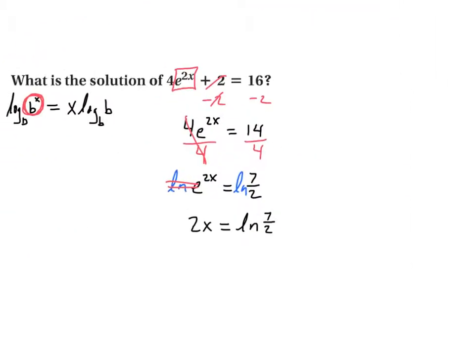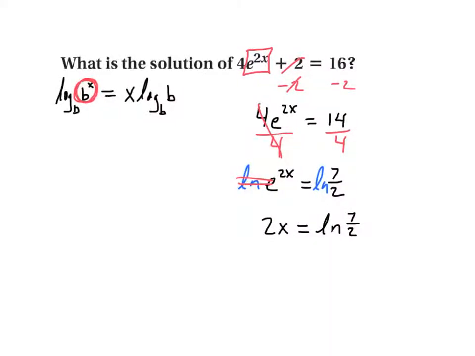Okay. Let's finish the problem then. To solve for x, what do we need to do? Divide by 2. So, please remember, you are not taking 7/2 divided by 2. You're taking the natural log of 7/2 divided by 2.